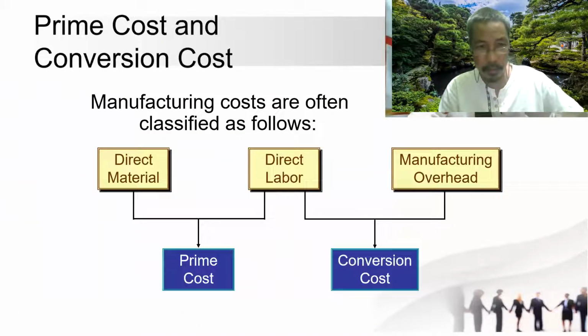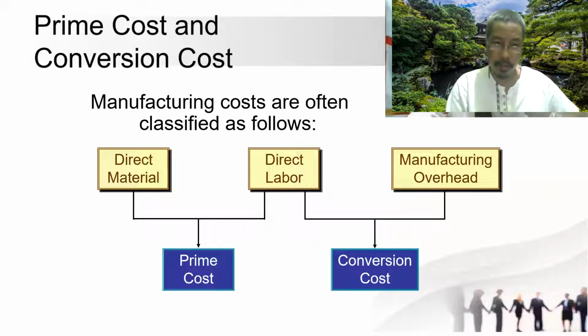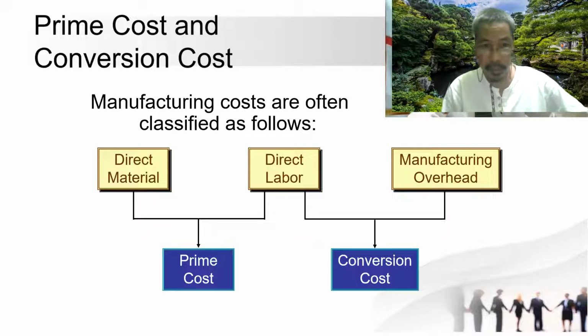Prime cost and conversion cost. Manufacturing costs are often classified as follows: direct material, direct labor, manufacturing overhead. That is the manufacturing cost. Usually we have the product cost here. What are the prime costs? Prime costs are the direct material and some direct labor cost.